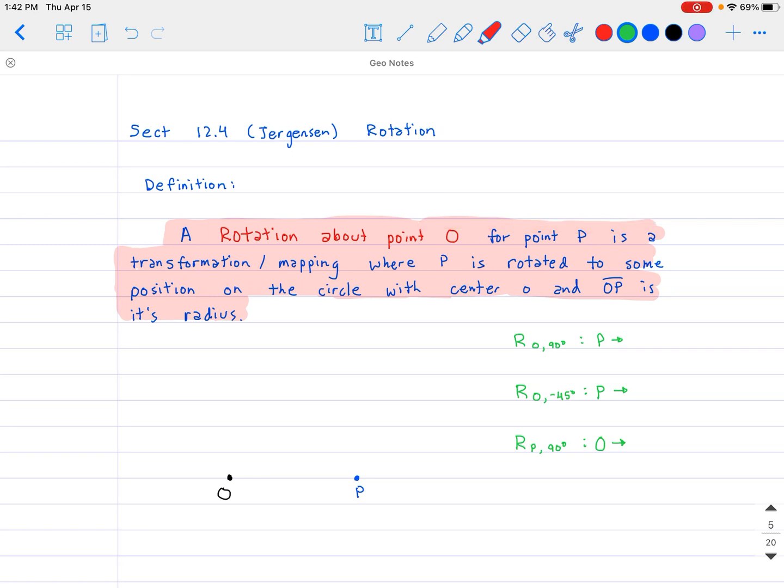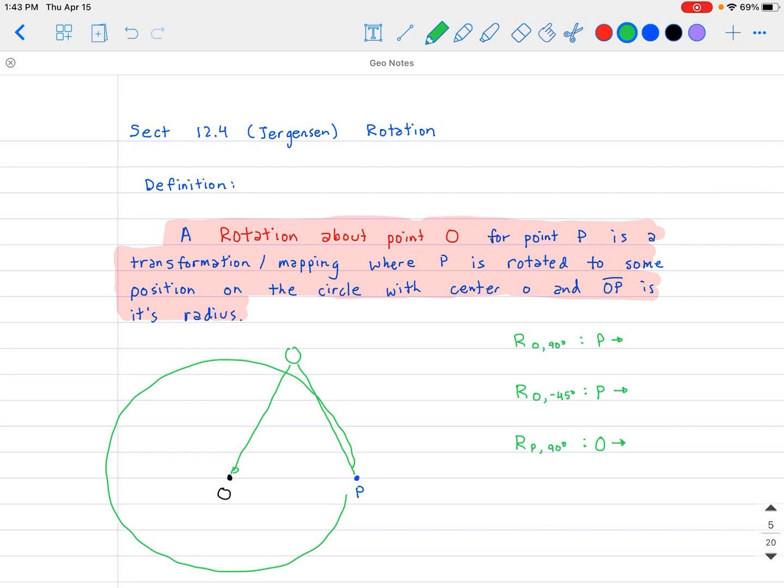So here we have 2 points. P is the point that we're going to be mapping, and O is our point of rotation. Imagine you have a compass where the sharp end is on O and the other end, the pencil, is on P. As you rotate the compass, O stays stationary because it's the pin, and you get a circle like this.